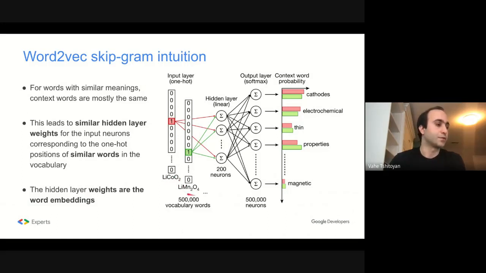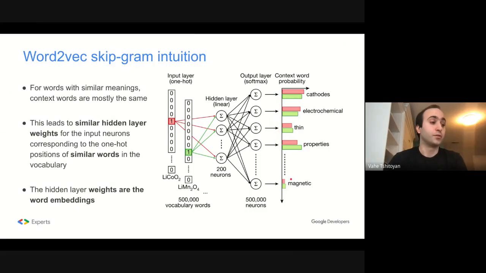In this case, I've chosen two very similar material formulas, which in our case are just words, and assume this one has index 5 and this one has index 8. These arrows represent the weights of the hidden layer. Then it goes to the output layer, which is a softmax classifier, and the classifier predicts the context word. In this case, the context words for lithium cobalt oxide may be cathodes, electrochemical, etc.